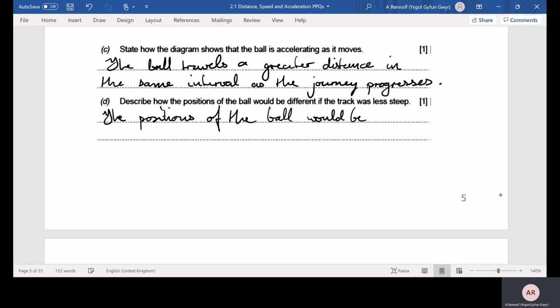We could give some explanation then, but it's only 1 mark. We could say something like, because the ball is accelerating at a decreased rate. It's only 1 mark, so that'll do.